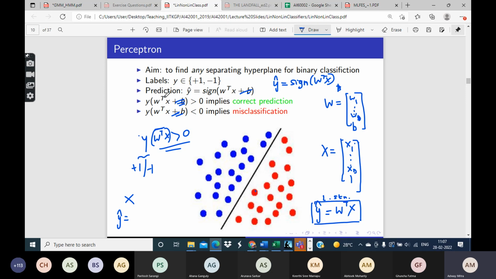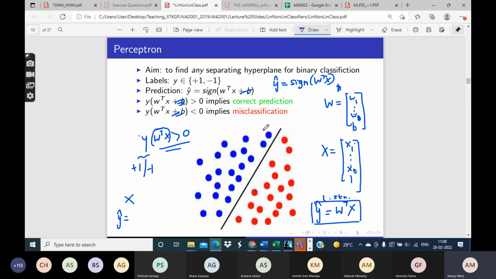If y times w transpose x is positive, then both are positive or both are negative, which means the prediction is correct. If it is negative, their signs are different, which means there is a misclassification.